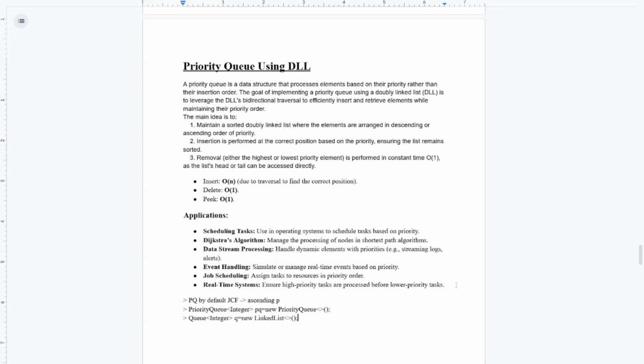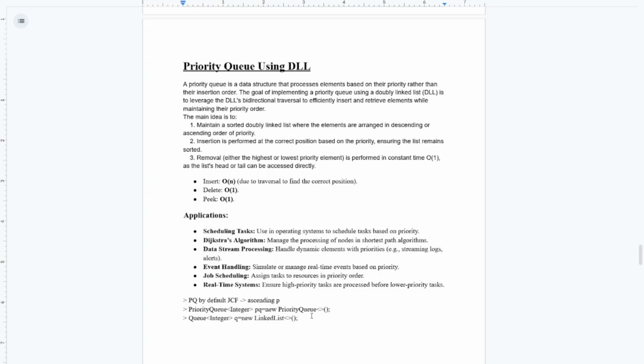Okay. ठीक. Now, as I mentioned, ascending order priority will be considered. So if elements 5, 4, 3, 2, 1 are pushed into the priority queue, and if you say pq.peek, you will find 1 is the element.